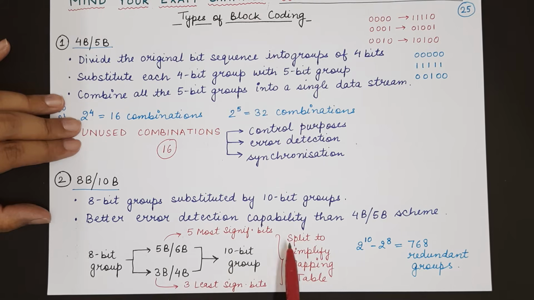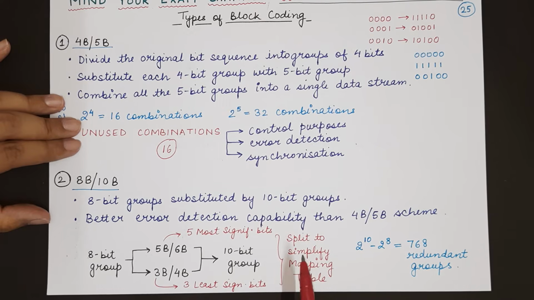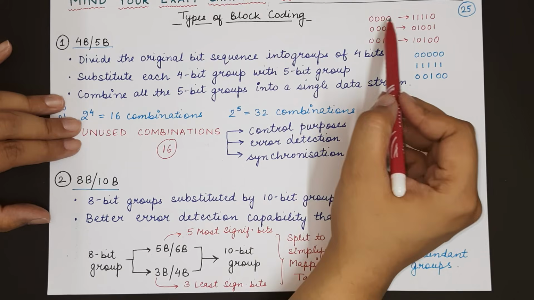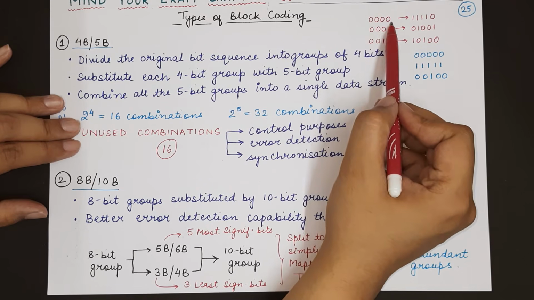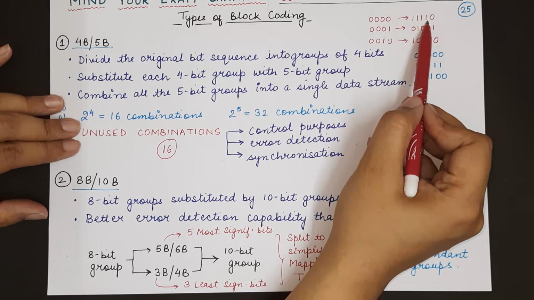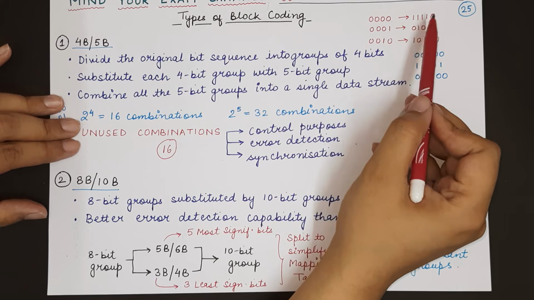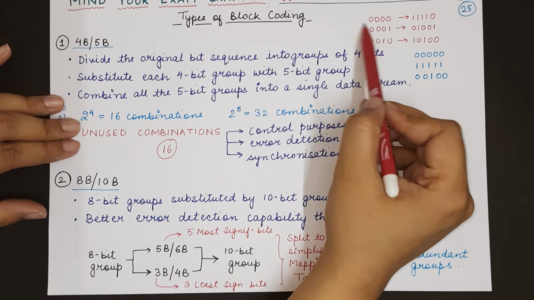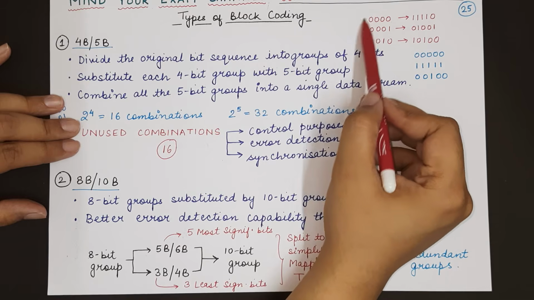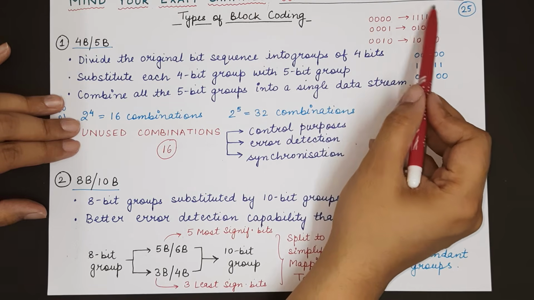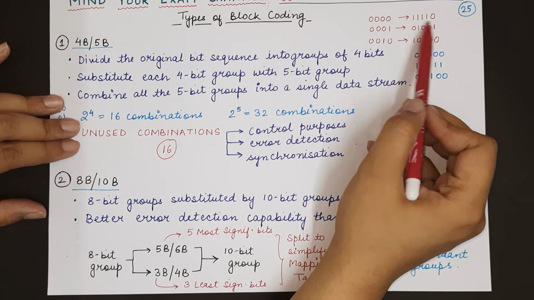And why is it done? The original bits are split so that the mapping table becomes simplified. So what is the mapping table? A mapping table just means that the original bits are being replaced by the new number of bits, and which combination of the original bits will be represented by which new combination of bits.